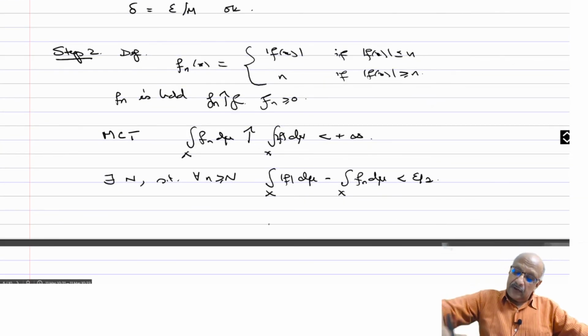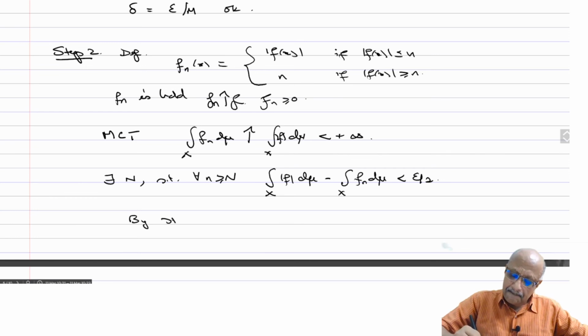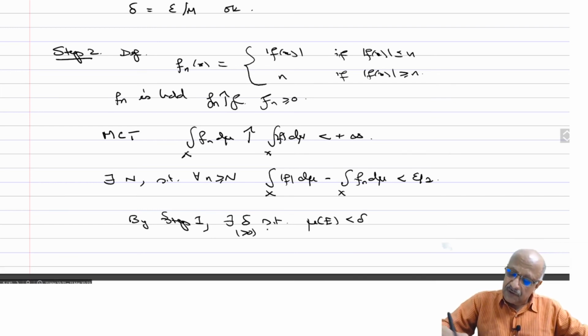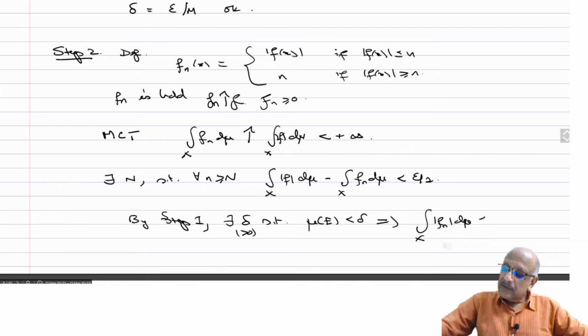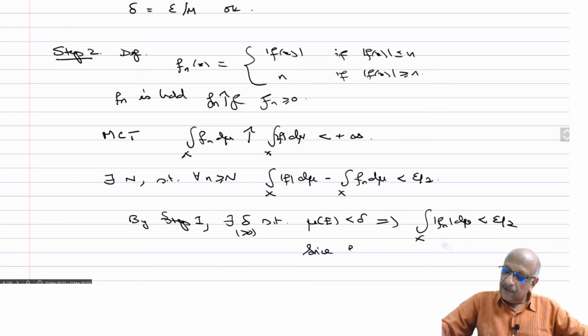So in particular you take capital N, and by step 1 there exists a delta greater than 0 such that mu of E less than delta implies the integral over E of f_n d mu is less than, say, epsilon by 2, since f_n is bounded.